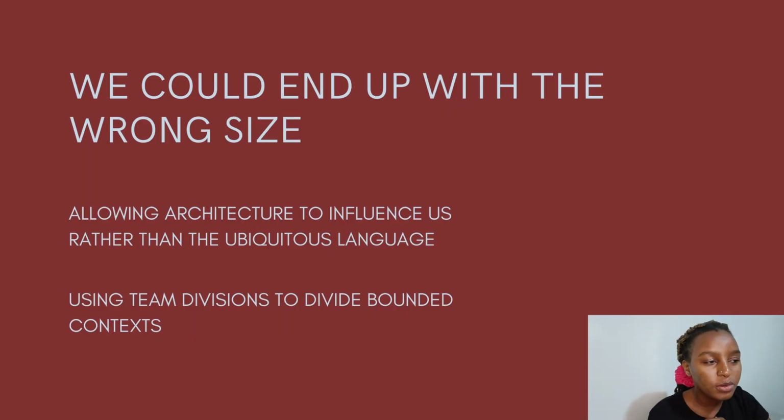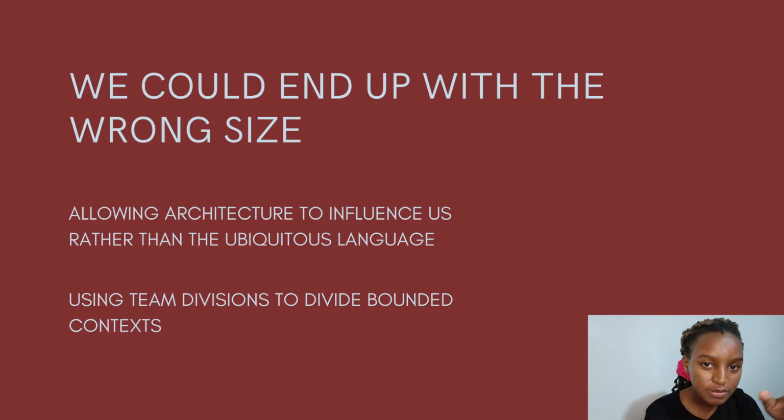Another way you can have a wrong size of bounded context is when you use team divisions to divide your bounded context. Remember, I also said team divisions can be a way to guide you when trying to create your bounded context, but when sizing, it can also be misleading because different companies use different ways to divide up teams. Don't use that completely to guide the size of your bounded context.